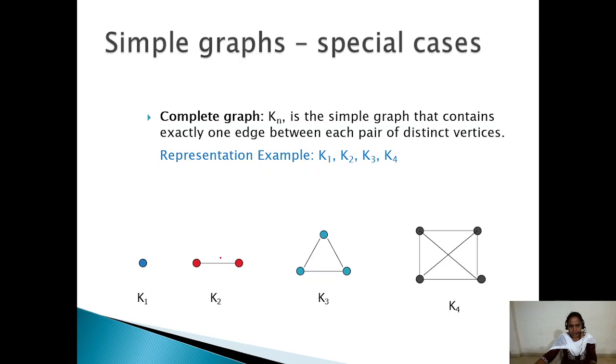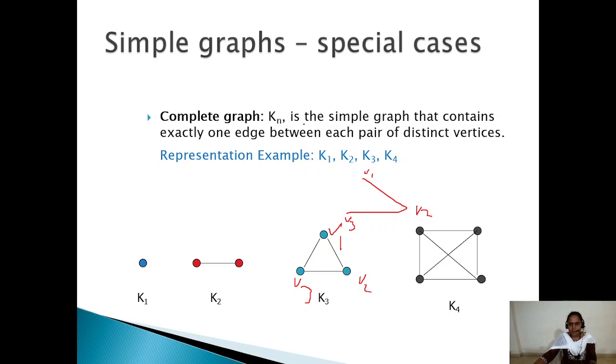This is V1, V2, V3. V1 is connected to V2, V2 is connected to V3, V3 is connected to V1. This is the complete graph. What is an incomplete graph? See, V1, V2, V3, but V1 to V3 has no edge connected. So this is the incomplete graph.